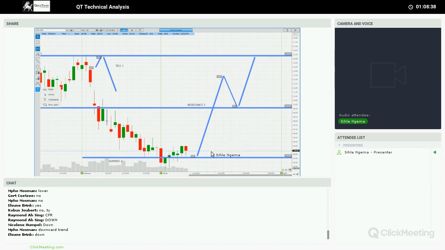This particular area is going to be support 1 now. And this next line, which right now is serving us as resistance 2, because this movement went through, this particular area will now be our support 2.